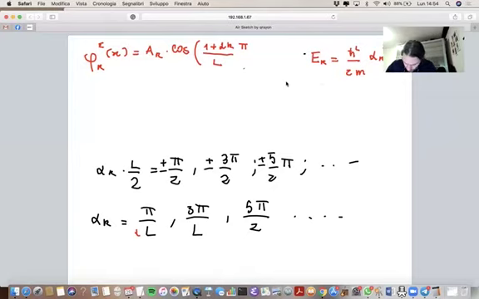No, 3, 5 L. That was correct. Let's see if this equation that I wrote here is actually correct.